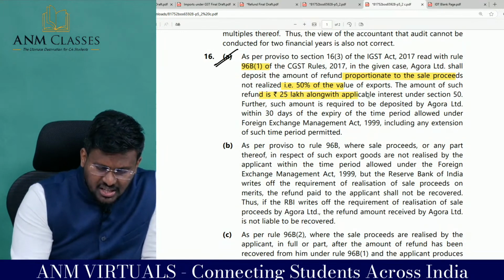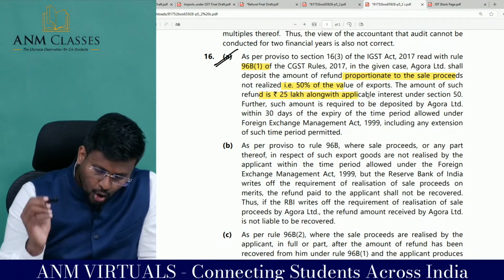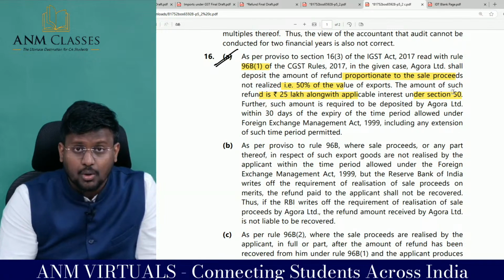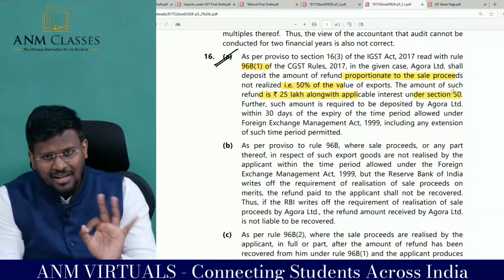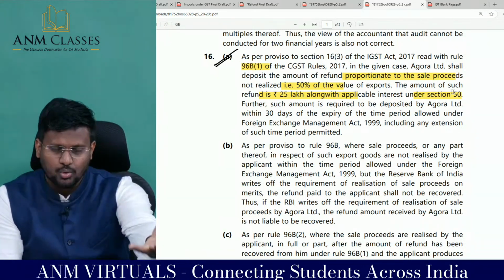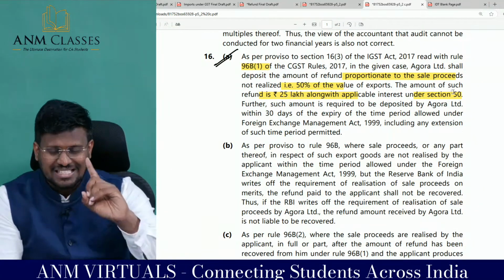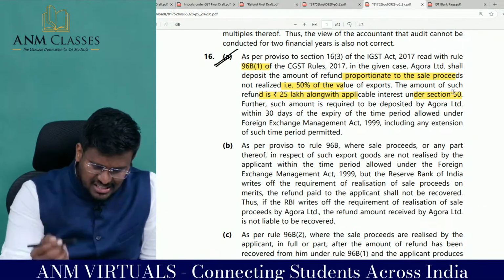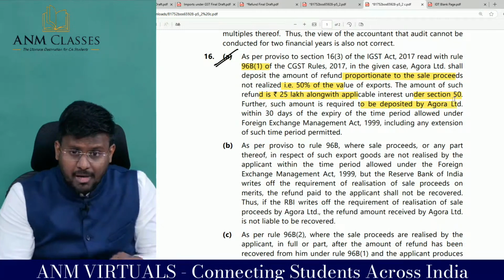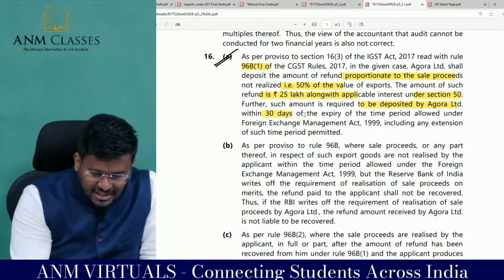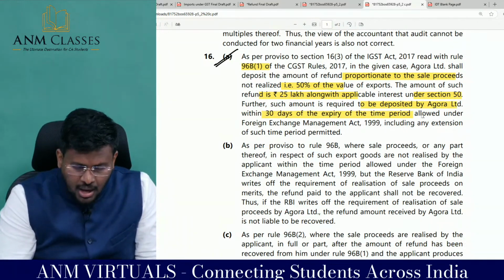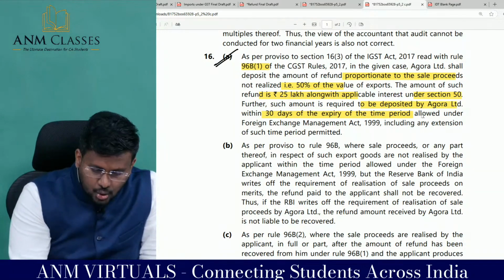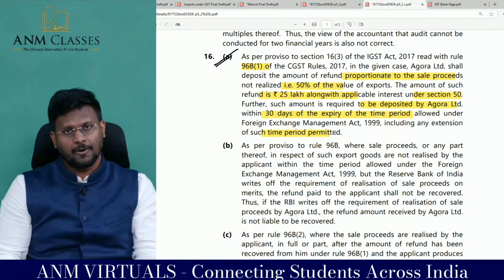The amount of such refund is 25 lakh along with applicable interest under section 50. Not only the refund amount you have to give back to government, but also the interest as per section 50. Further, such amount is required to be deposited by Agora Limited within 30 days of the expiry of the time period allowed under the FEMA Act, including any extension of such time period.